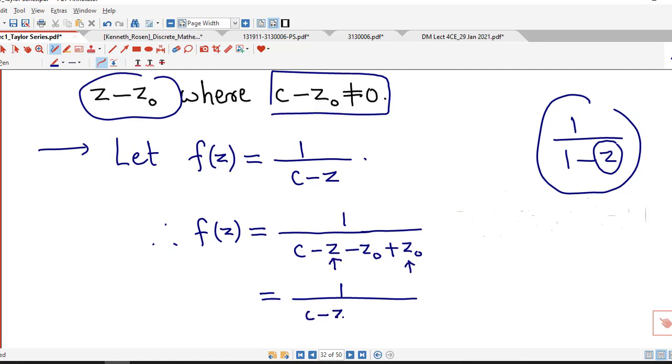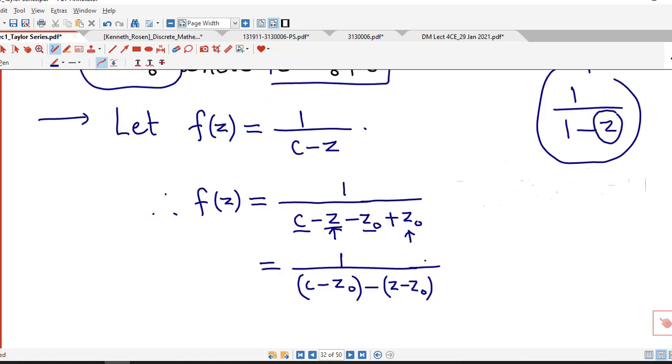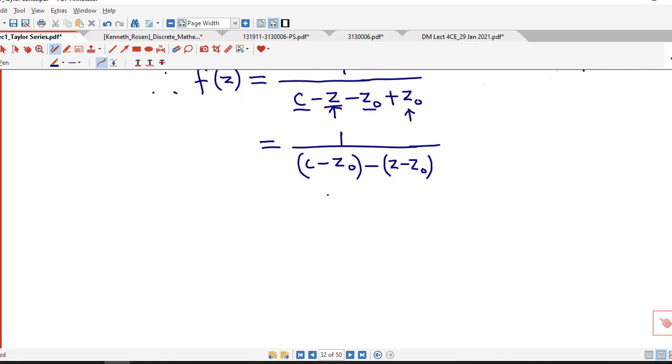We combine c minus z0, and the remaining minus z plus z0 can be rewritten as negative, in the bracket, z minus z0. So you can see c minus z0, and if I take the negative sign inside the bracket, I will have minus z plus z0. Now again our function is not in this form, we require 1 minus something. So instead of c minus z0, we must have 1 minus something.